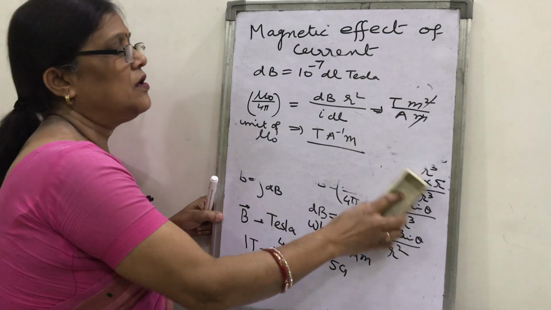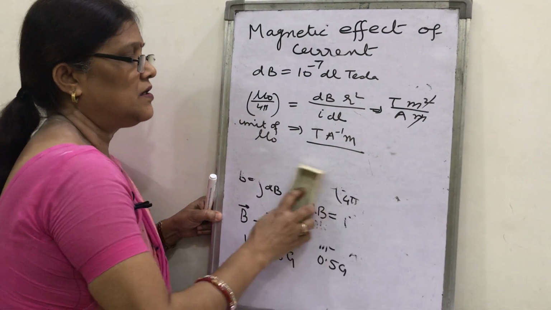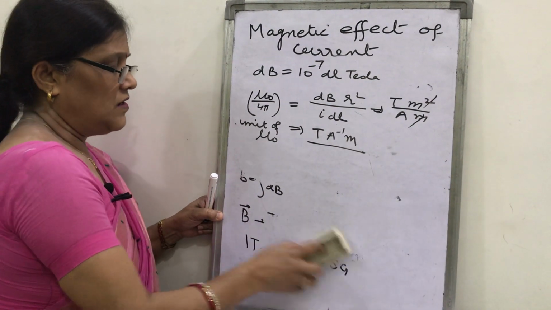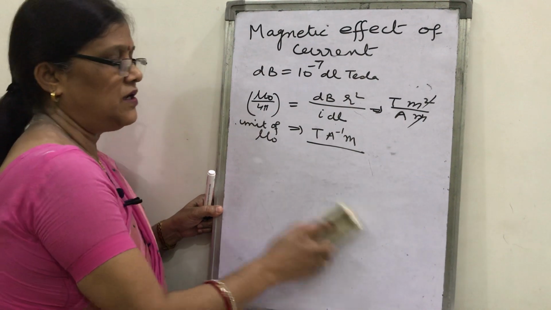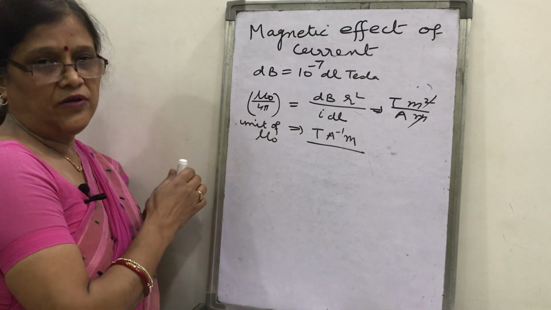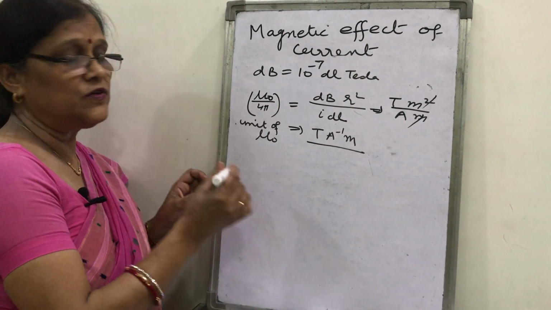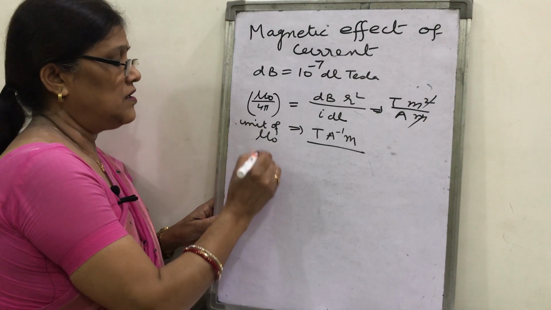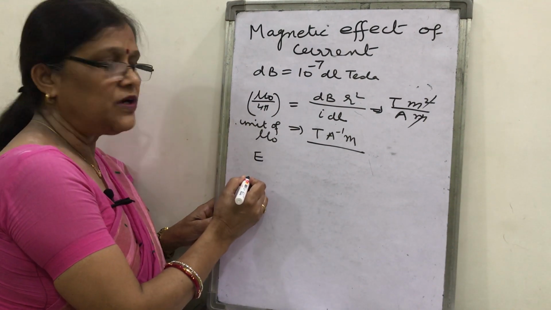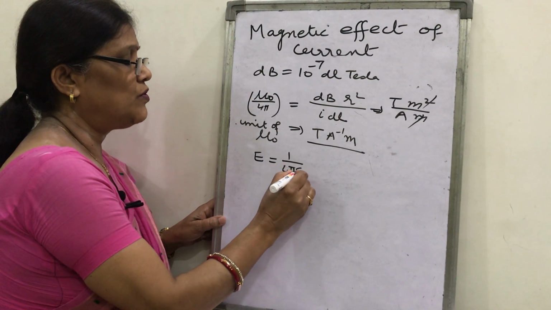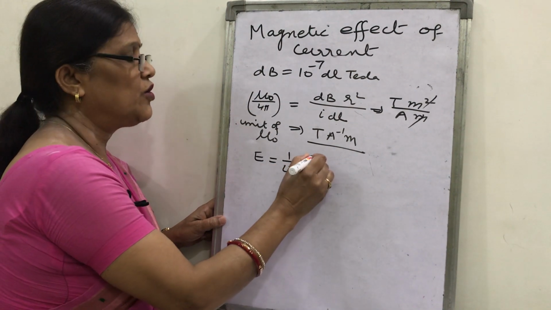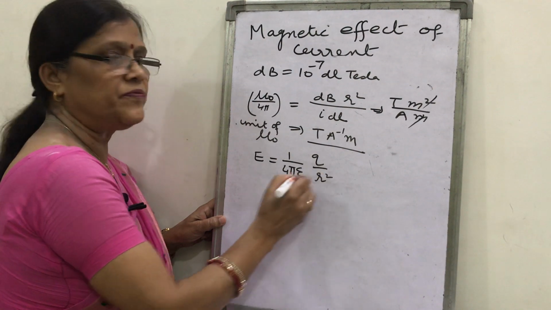Now, how will you relate this mu naught with the constant used in the electric field? You know, in the electric field, what was the formula? Electric field was written as 1 upon 4 pi epsilon naught q by r square.